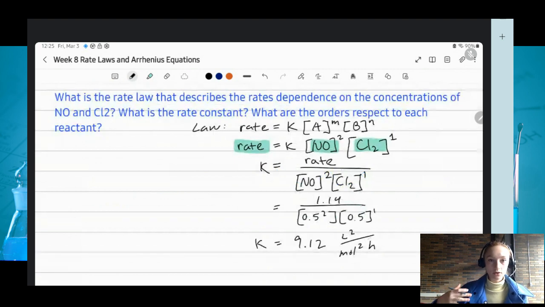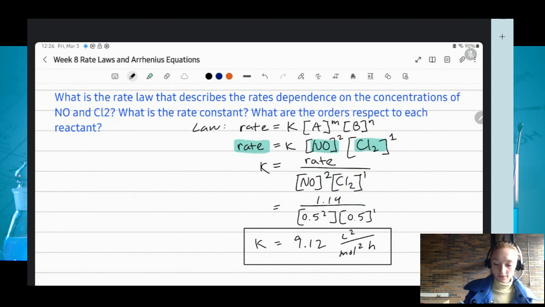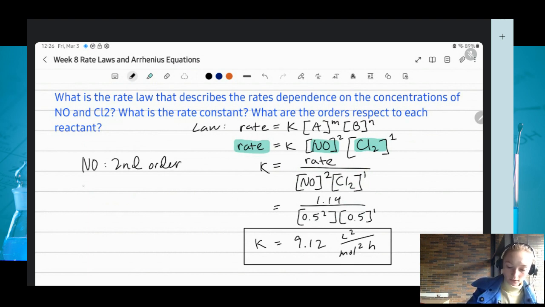So it's always going to be liters squared, moles squared, and then the time unit right here. So that is the answer for the K constant. And just to clarify, for the NO, it had a second order, and then for the chlorine gas, it had a first order. Just to clarify.